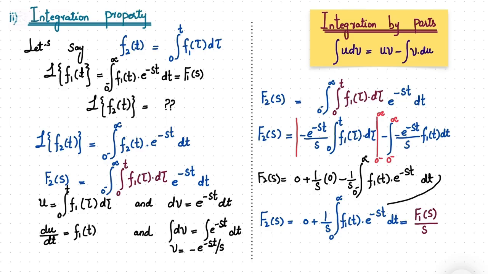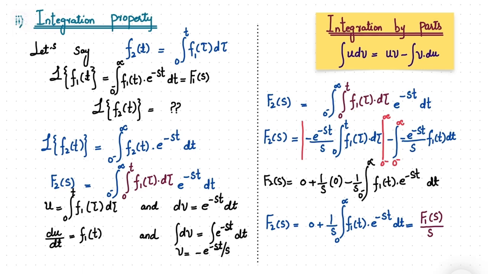And if we focus on this part, this minus can also be taken outside, therefore it would convert this minus into plus. And if we focus on this part, this is the same formula which we used to calculate the Laplace transform of f1 of t, and that was equal to f1 of s.